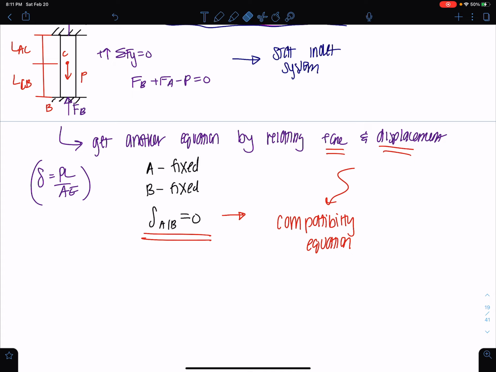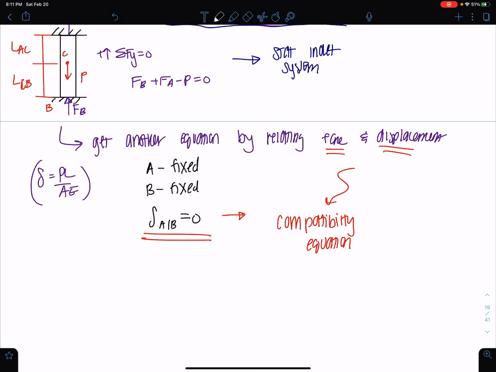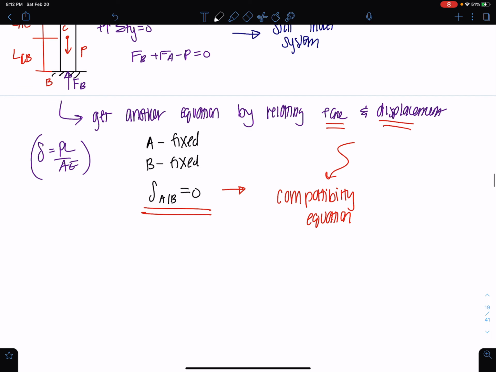Now, this is not always the case. You will have to look at the problem you're given and decide what the compatibility is for that given problem. So this takes a little bit of thought per problem. Now that we know that delta A with respect to B is 0, there's no change. It tells us that the force at A, length of AC, over AE has to be equal to the force at B, length of CB, divided by AE.